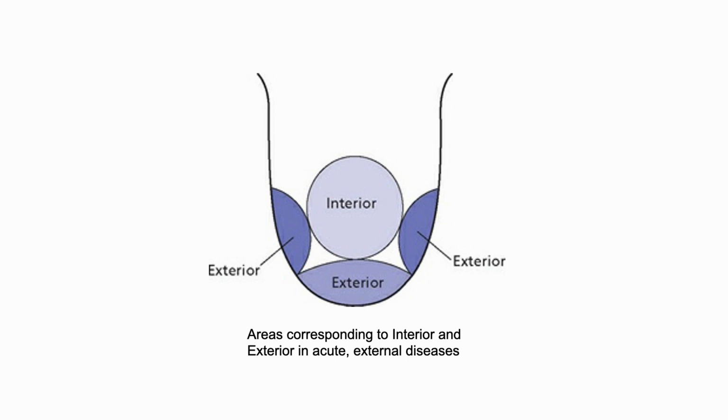In this context, these two areas correspond to the exterior of the body, while the center of the tongue corresponds to the interior. Thus, if after a few days the red points from these two areas extend towards the center of the tongue, it indicates that a pathogenic factor is penetrating into the interior.